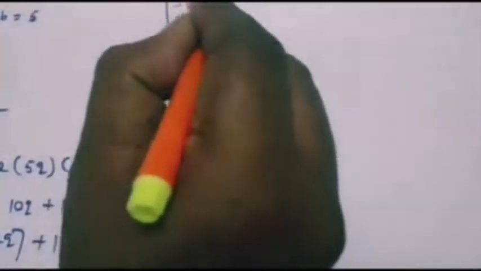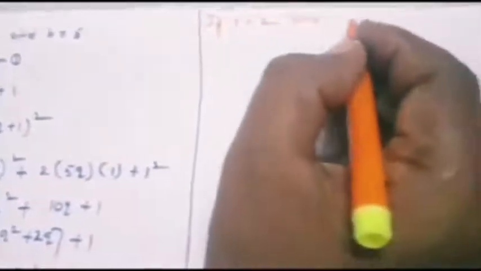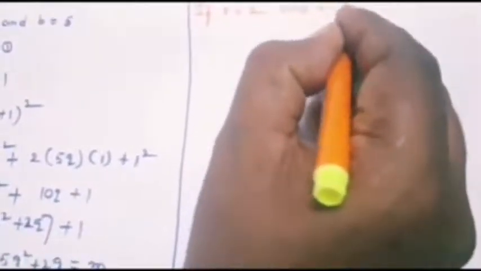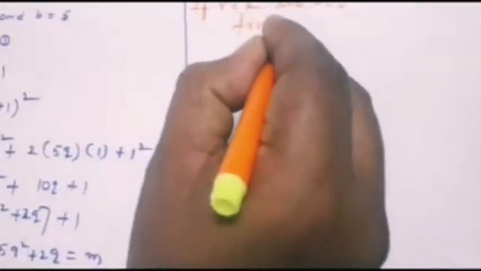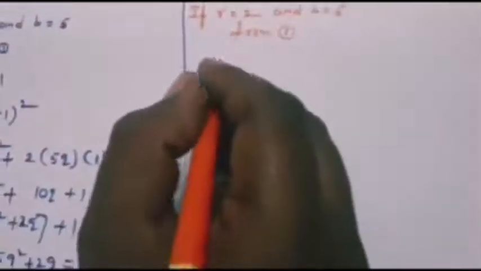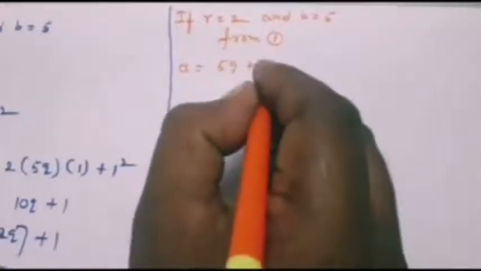Okay, so next, if r equals 2 and b equals 5, similarly from equation number 1, a equals 5q plus 2.